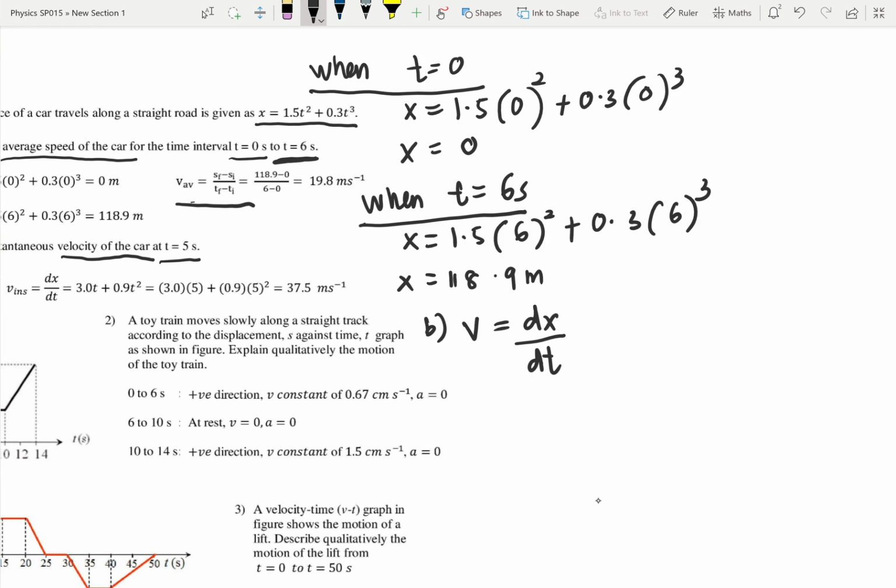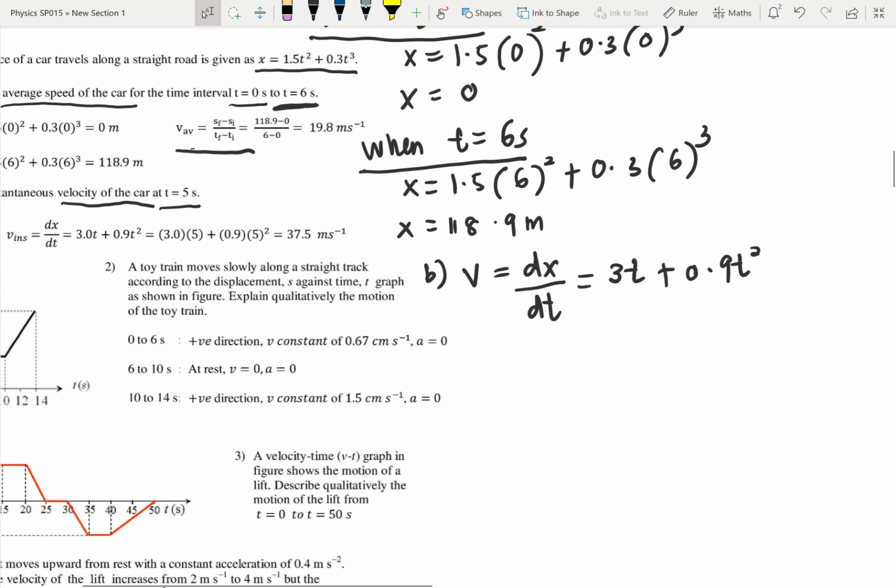If the symbol is s, you can differentiate s, v equals ds over dt. Remember how to differentiate. So 2 times 1.5 equals 3, t to the power 2 minus 1, and then 3 times 0.3 equals 0.9, and then t squared.